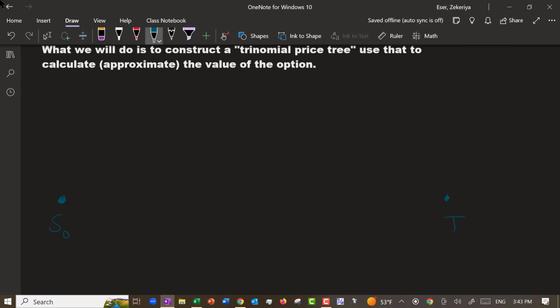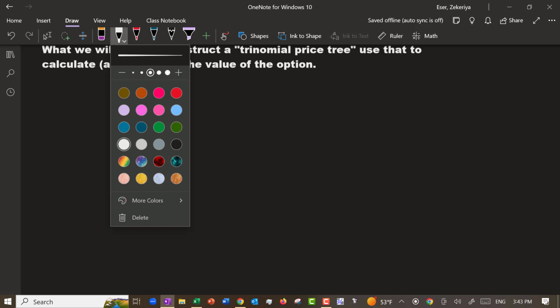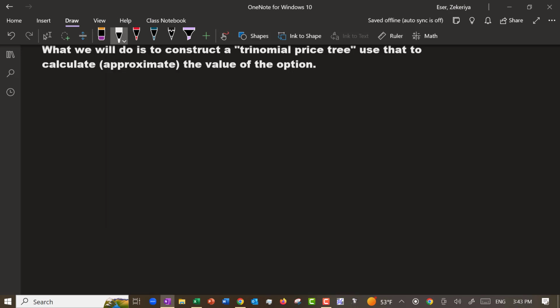Can you guys see that, by the way? I can use a different color. Let's use white. Okay. We're going to divide that time period into such small sub-periods or moments. In each of those moments, there could possibly be only three possible new prices.